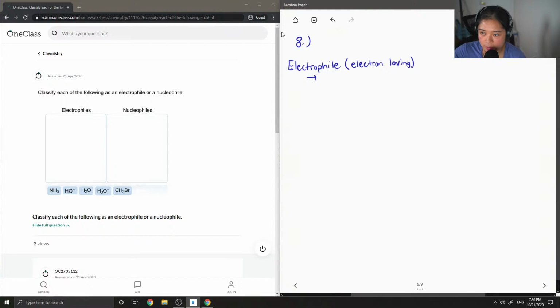And electrophiles have the following attributes. They are electron pair acceptors. They also have empty orbitals.